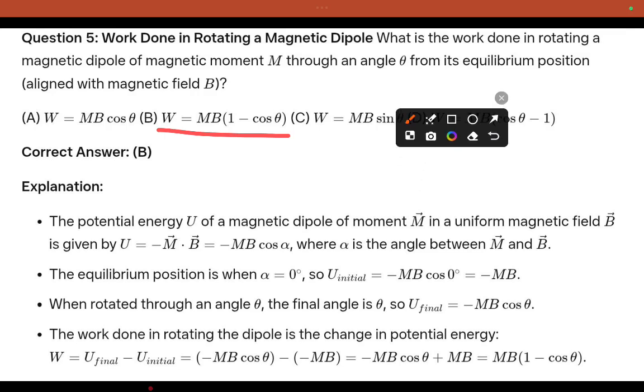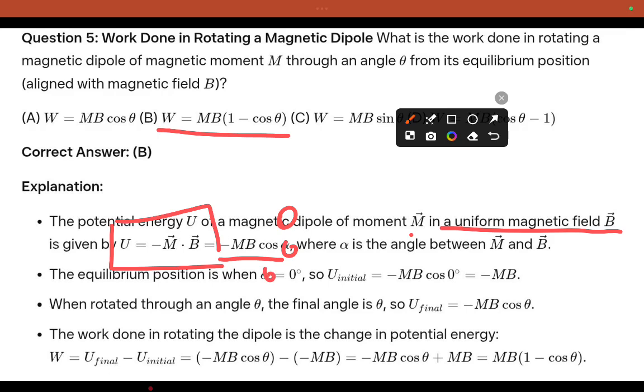The potential energy U of a magnetic dipole moment M in a uniform magnetic field B is given by U equal to minus M dot B, which is minus M B cos theta, a vector concept. Theta is the angle between M and B. The equilibrium position is when theta is 0.